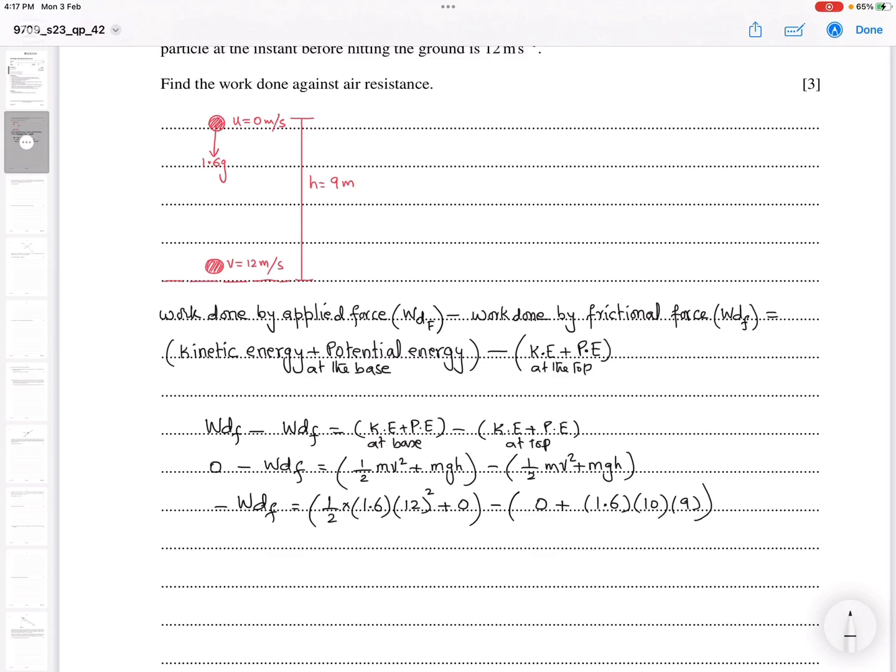So this becomes very simple, and your work done against air resistance will be equals to, if you solve this with the help of your calculator, your answer should be 28.8 joules.